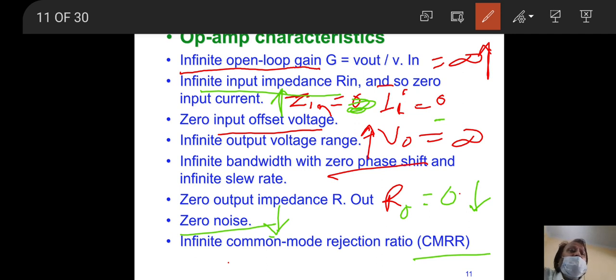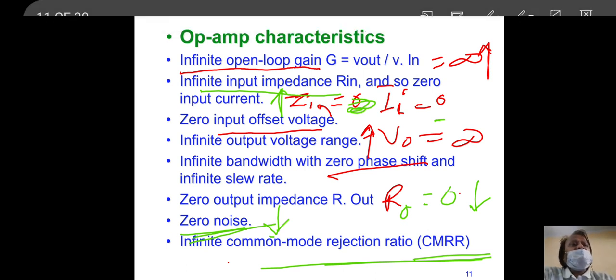And also for the amplified output, to get zero noise the output impedance must be zero; only then can you reduce the noise. This is your zero noise consideration. So that's why infinite common mode rejection ratio is very important among the op-amp characteristics.